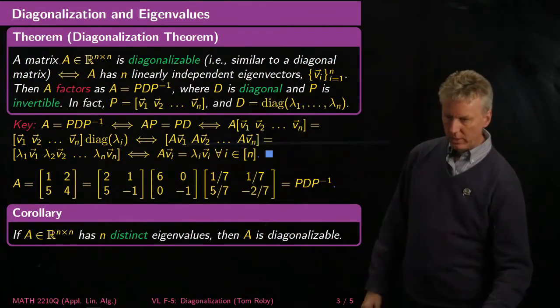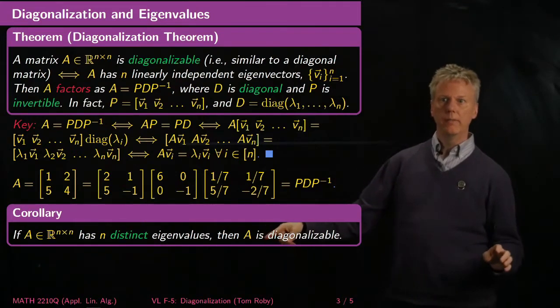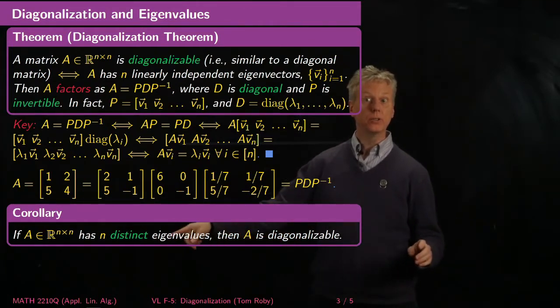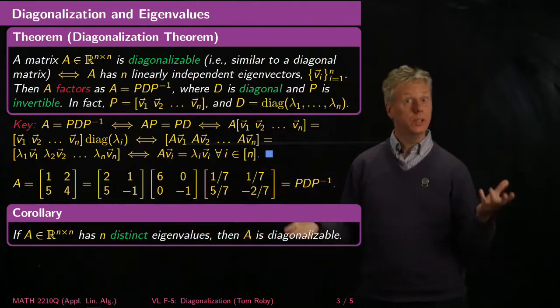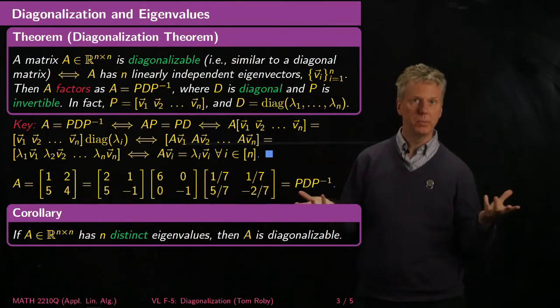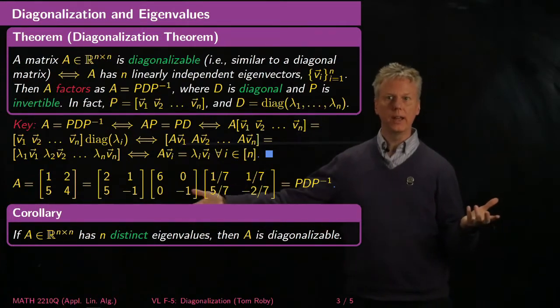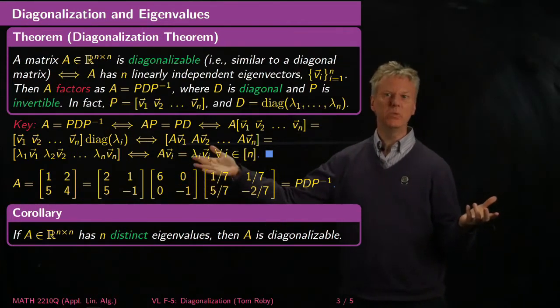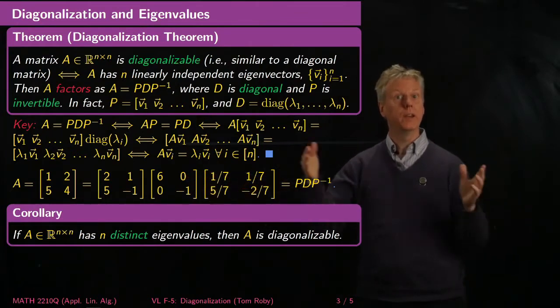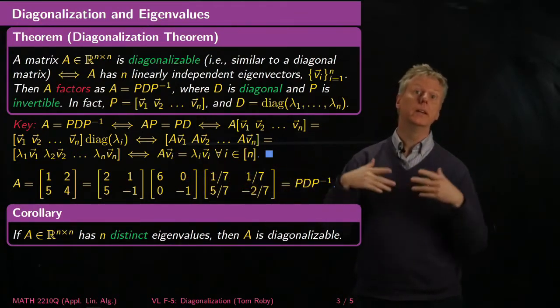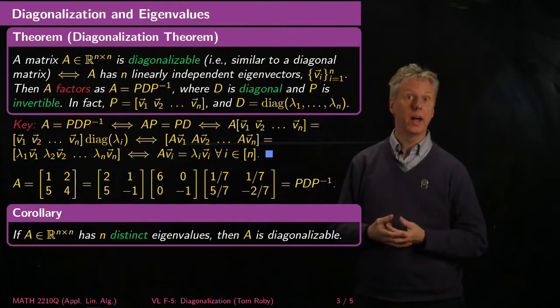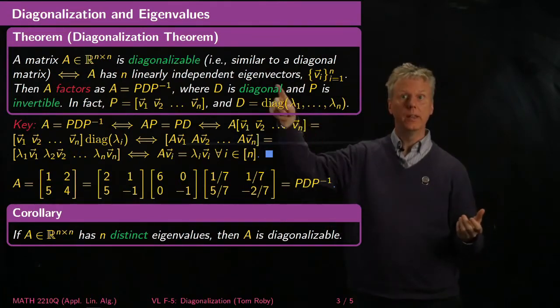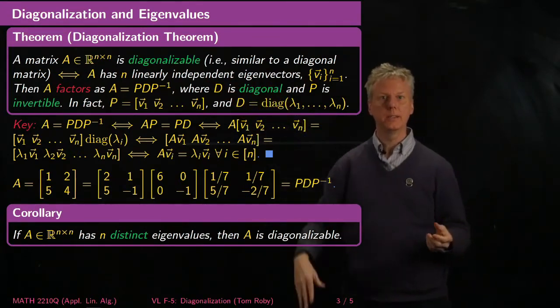Well, we know that eigenvectors corresponding to distinct eigenvalues are linearly independent. That was something that we proved earlier. So if we have n distinct eigenvalues, then we know we have at least one eigenvector for each of those eigenvalues. They're all linearly independent. Therefore, we have n linearly independent eigenvectors. And now we can just use this statement to say that it has to be diagonalizable.